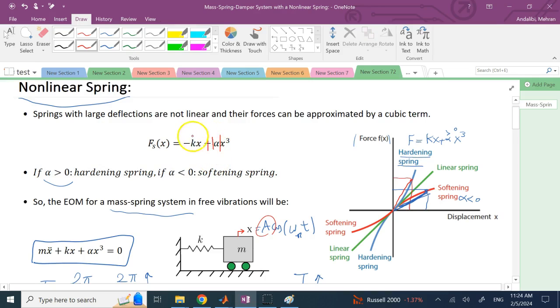And if, let's say for instance, this k is 2 and this alpha is negative 1, you get negative 2x plus x cubed. The problem is this.